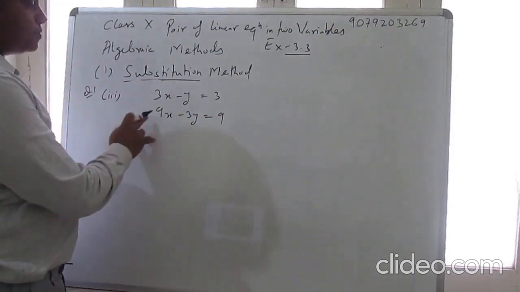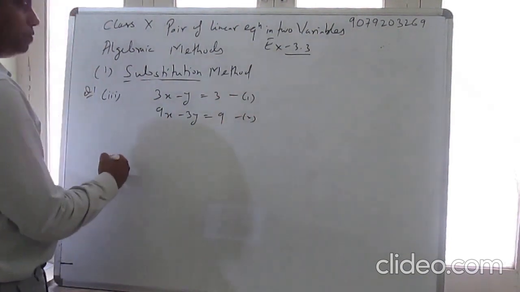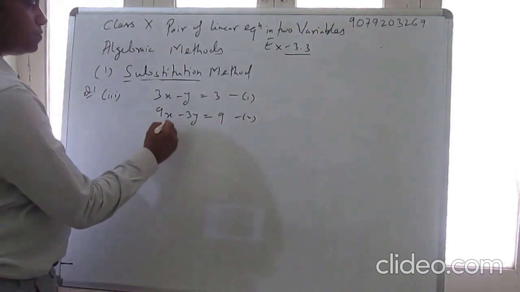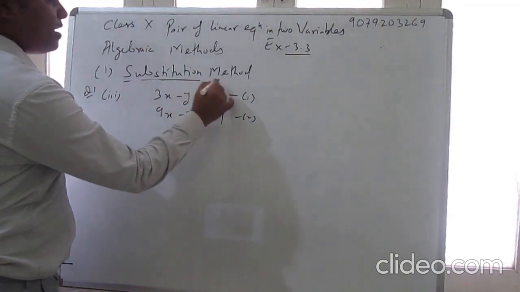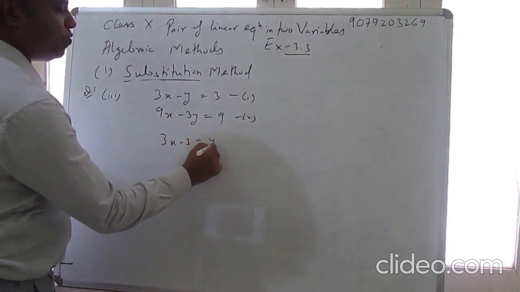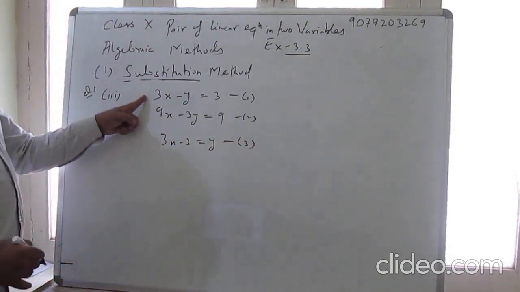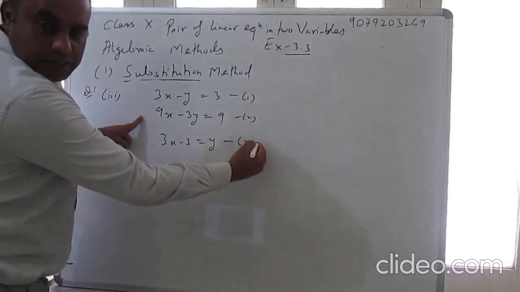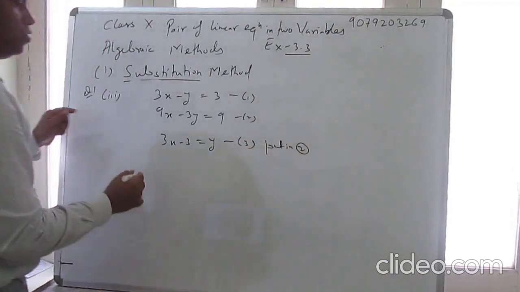Now see, this is equation 1, this is equation 2. So put y on one side and 3 on the other side. So 3x minus 3 is equal to y. This is equation 3. The value of y is 3x minus 3. Put in equation 2.